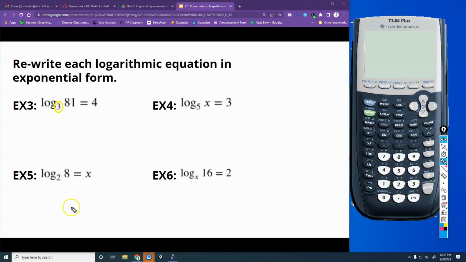So since I have a log base 3, if I do 3 raised to the power over here, so if I do 3 raised to log base 3 of 81, right? That little arrow right there means that I'm raising that up to the power. And then I also do 3 raised to the power of 4 over here.